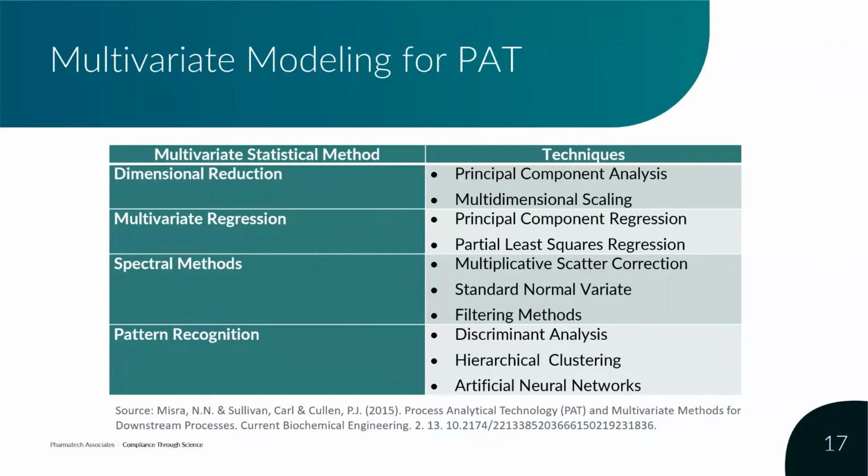So modeling a response with respect to a large number of, say, predictor variables can be difficult. And so data reduction and feature extraction methods become essential in order to shrink the data set down to something that's easier to understand.